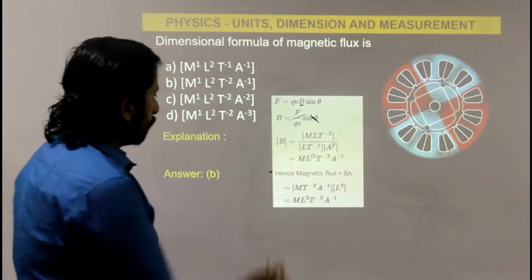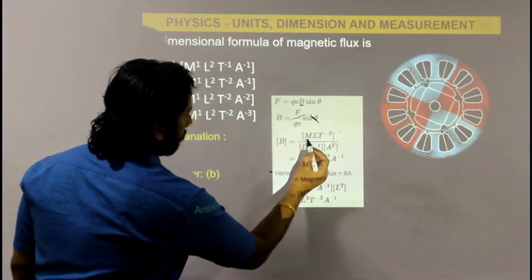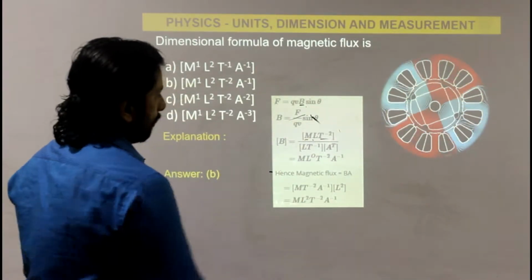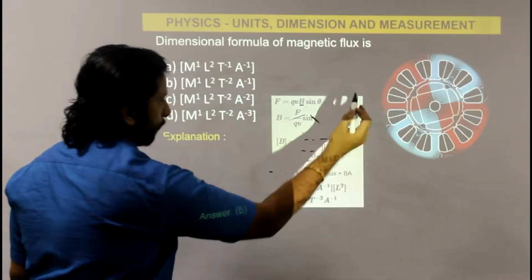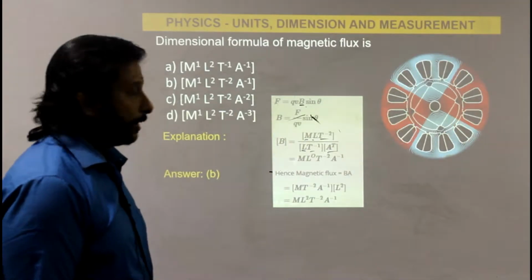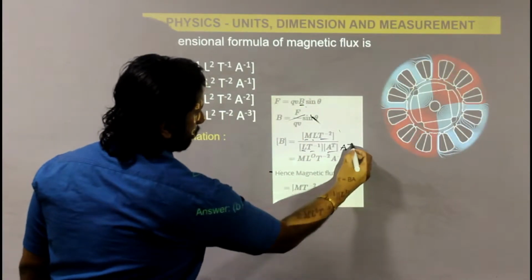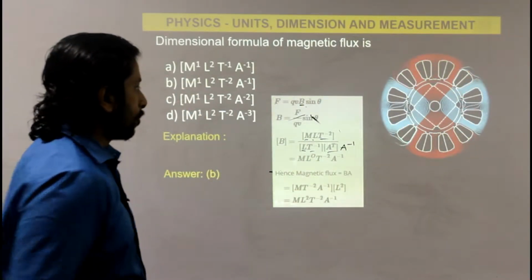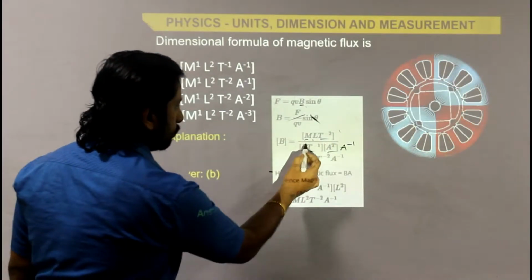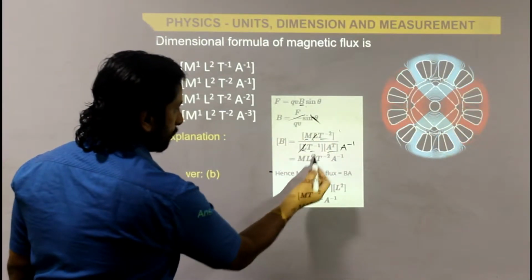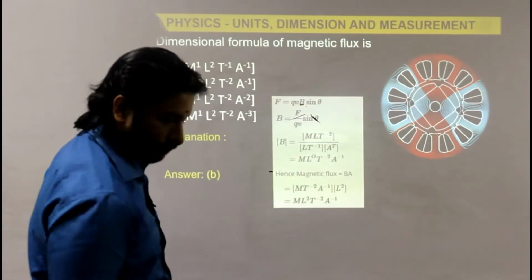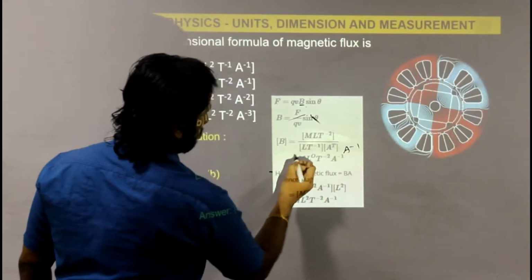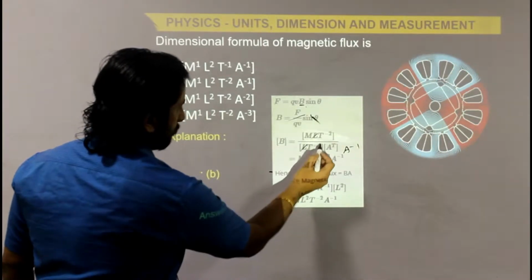Over here I got force, M L T power minus 2, and Q into v, that's L T power minus 1 into A T. It's nothing but A power minus 1. So cancelling it, you are able to get A power minus 1, L, T.